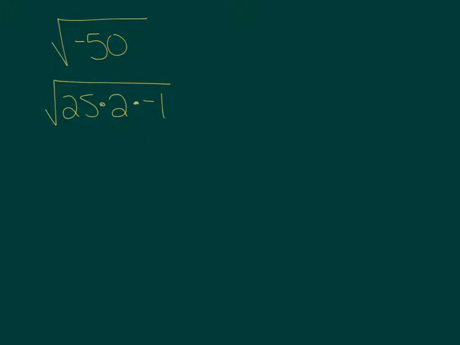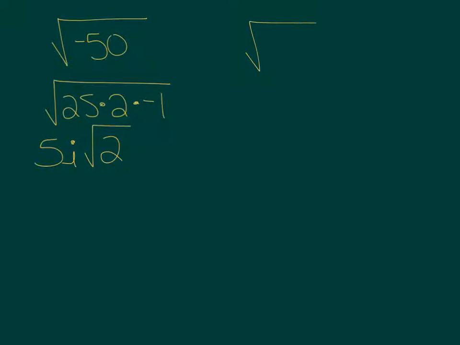The square root of 25 is 5. The square root of negative 1 is i. And then my root 2, the square root of 2 is irrational, so it stays under the radical. So the square root of negative 50 is 5i root 2. You write the number, then the i, then the radical.